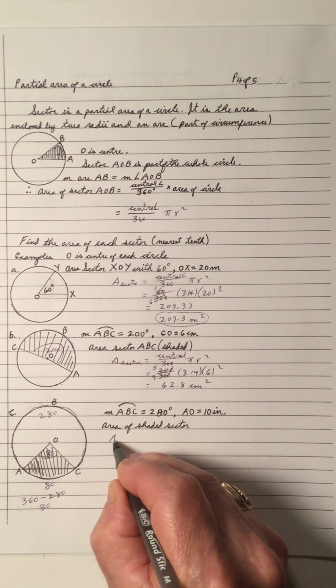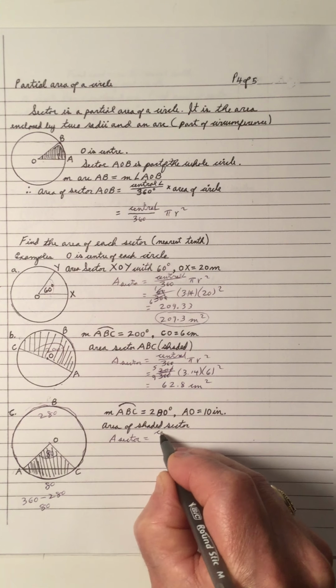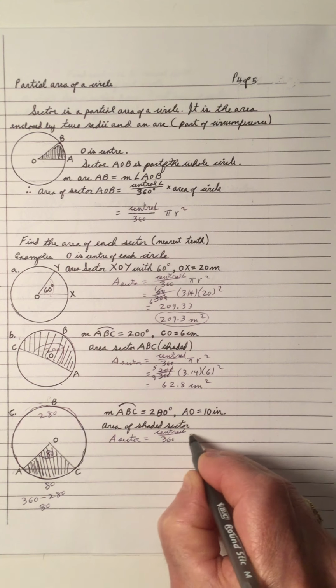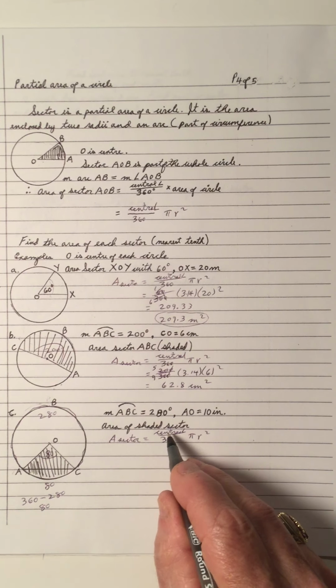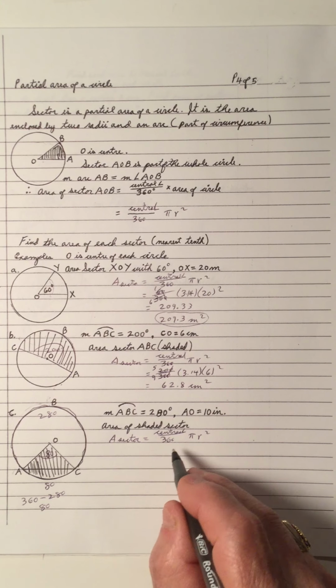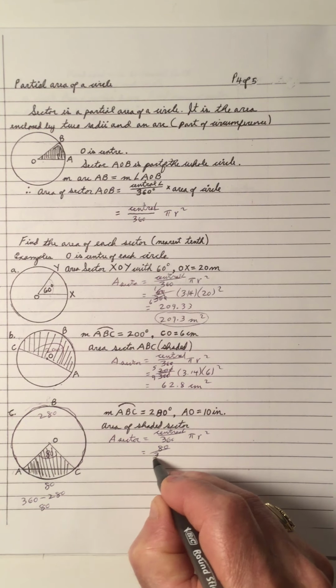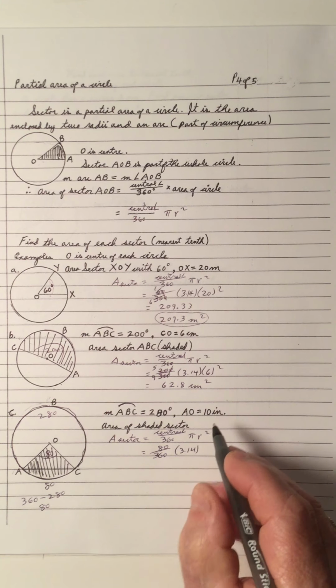So the area of the sector is central angle over 360 pi r squared. The area of a circle, so the central angle is a fraction of the circle. So the central angle is 80 degrees over 360. Pi is 3.14.